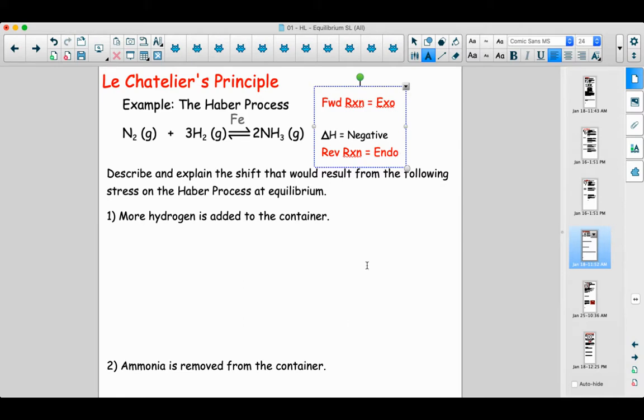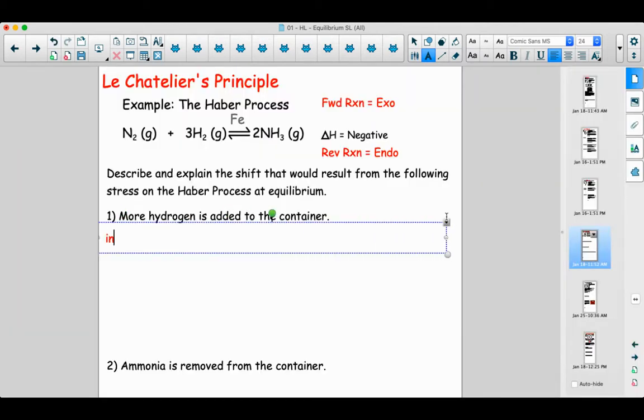So this one says, describe and explain the shift that would result from the following stress on the Haber process at equilibrium. Okay, if more hydrogen is added to the container, that is a way I've essentially increased the hydrogen concentration. Now, ways to think through this.